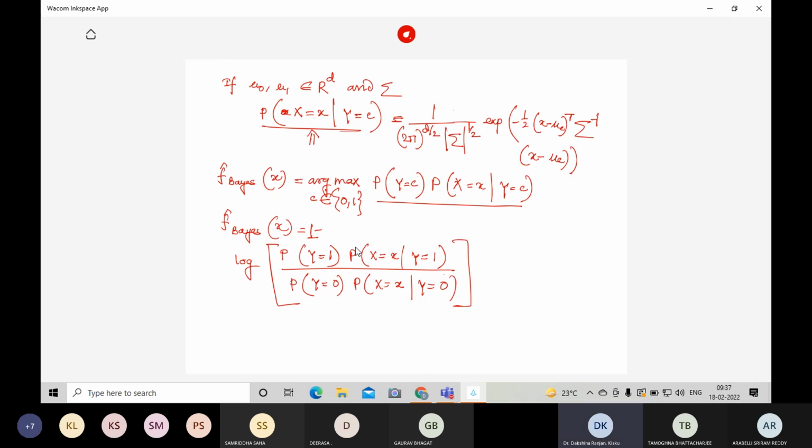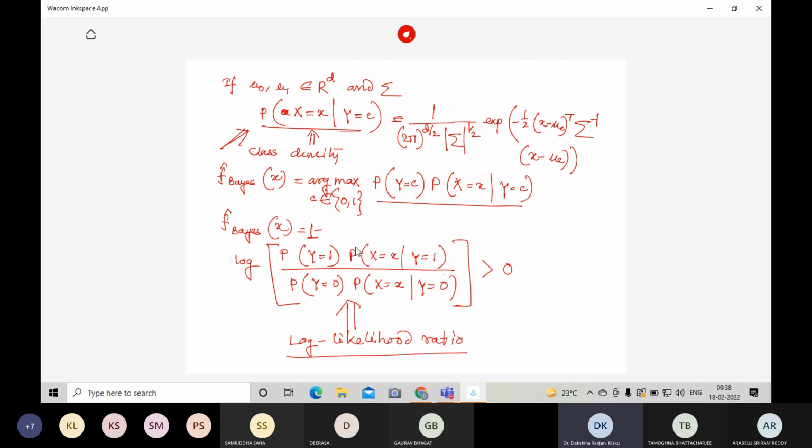When this log likelihood ratio is found to be greater than 0, only then can we assign the positive class to the particular class density estimated in this equation. This is the class density, and this is called the log likelihood ratio.